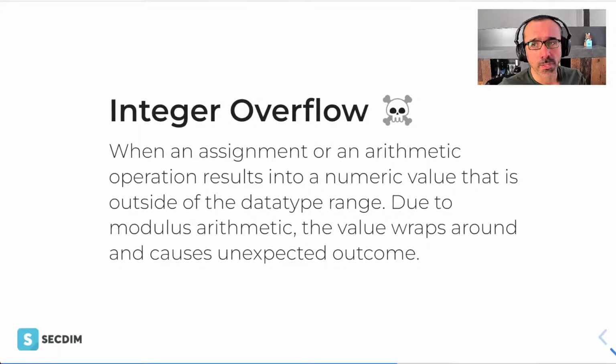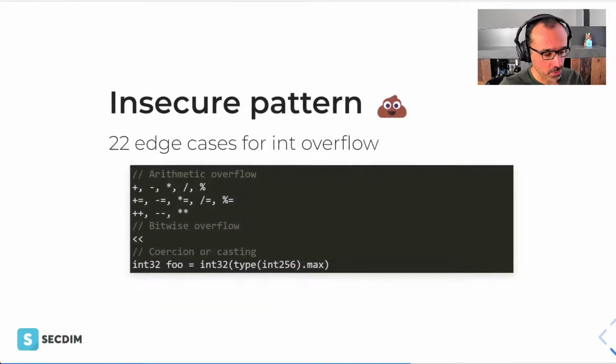So what are the common insecure patterns that can cause integer overflow? Firstly, any arithmetic that we do using pluses, minuses, multiplies, divisions, and all the similar equivalents of those, exponentials, things like that. Perhaps the less known situation that could cause overflow is when we do bitwise operations, such as left shift. We will see an example of that a bit later.